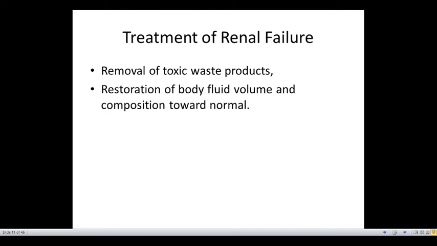This can be done by kidney transplantation or by dialysis with an artificial kidney.